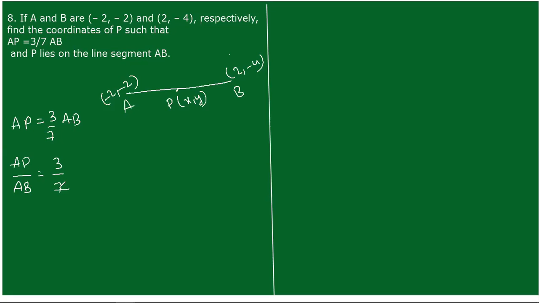So see one small logic. We have AP and PB or BP. Here AP is 3. So A to P is 3, and AB is 7. This total A to B is 7. We have AP is 3 and AB is 7. What about PB or BP?